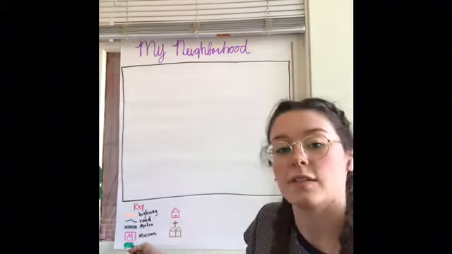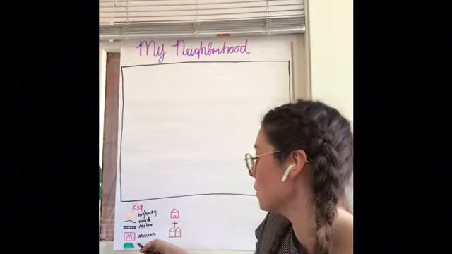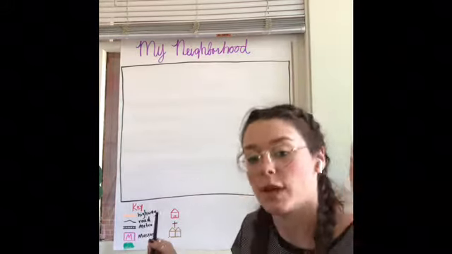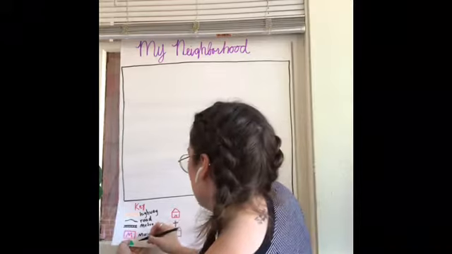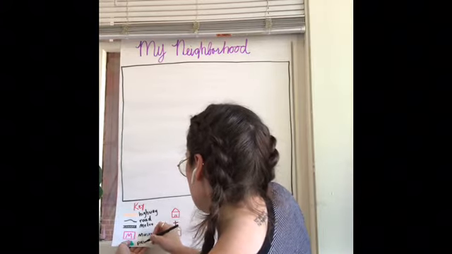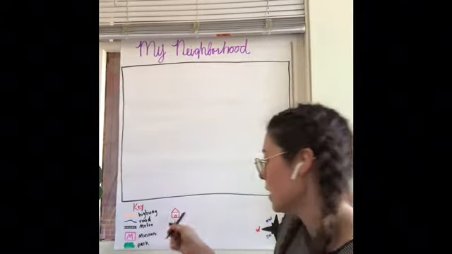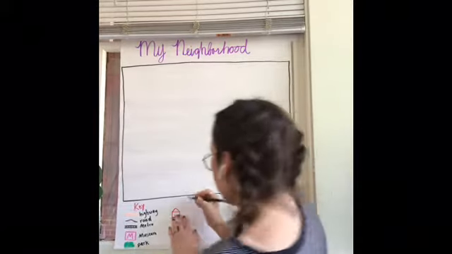And then this green blobby thing is going to be parks, okay? I also have quite a few parks around here. So I'm going to write park. The red house is going to be my apartment.